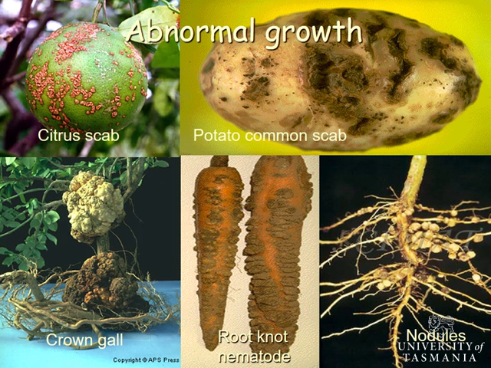But again, it's affected the hormonal processes in the carrot root and caused that cell to expand and divide. We talked before about rhizobia-induced nodules. They are a really great disease symptom, except they're not a disease. They actually look very similar to a lot of these ones in terms of bacterial infection, induction of excessive growth. It just so happens that usually it's beneficial for the plant rather than detrimental.